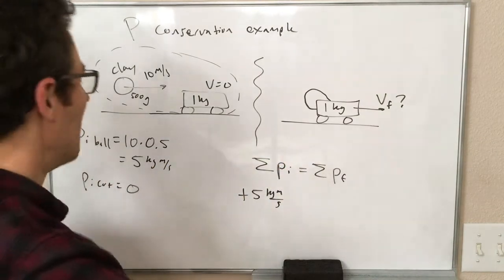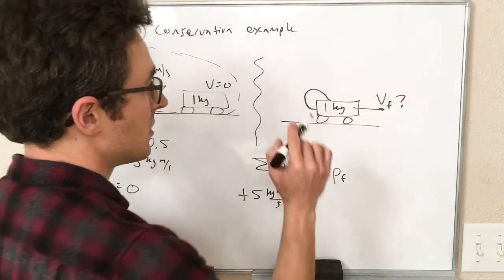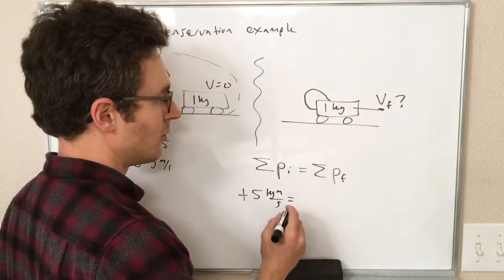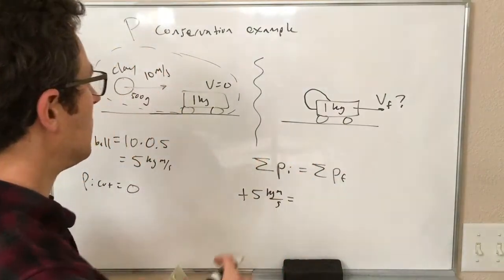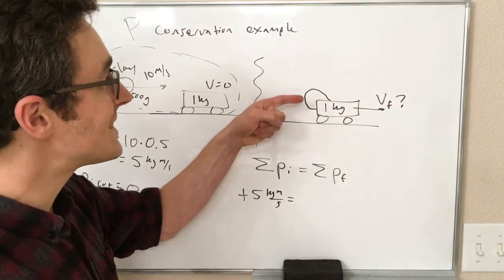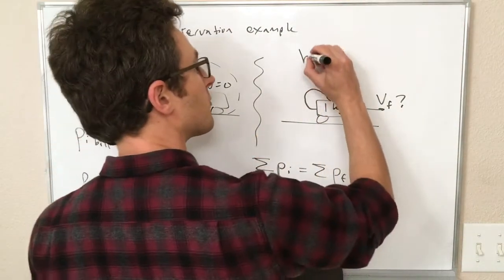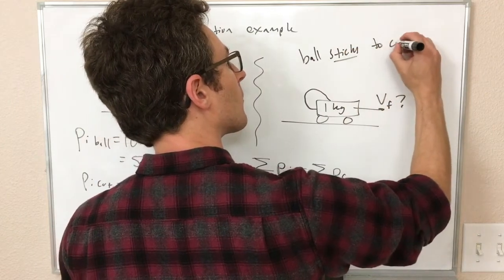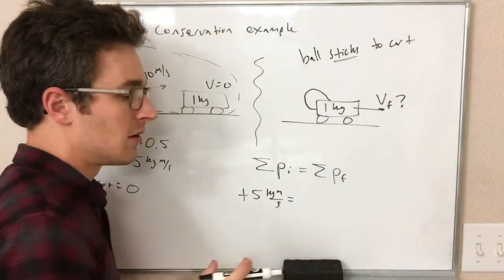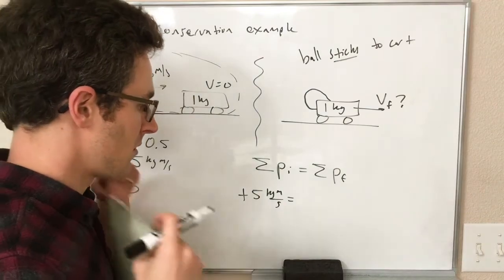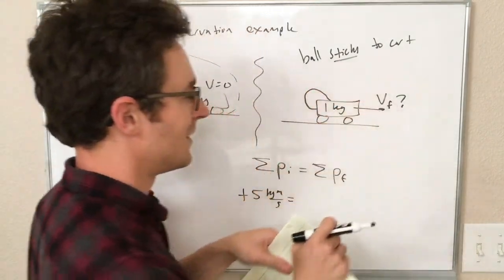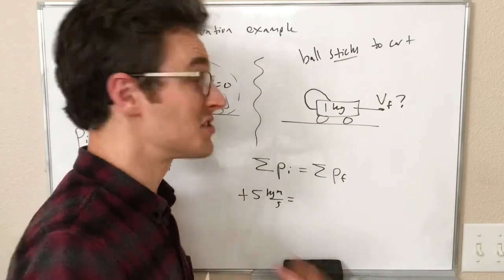Our final momentum. For this, we want to find this final velocity using our final momentum. It is important that the ball sticks to the cart, because that means if it hits it and sticks, they're moving together at the same velocity, right?